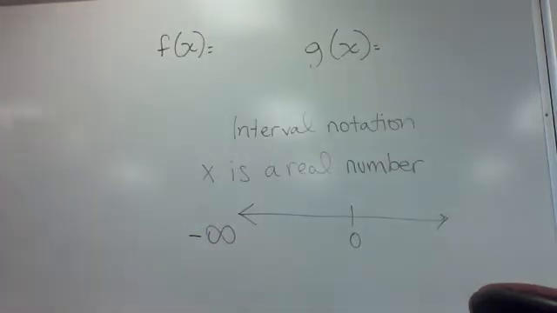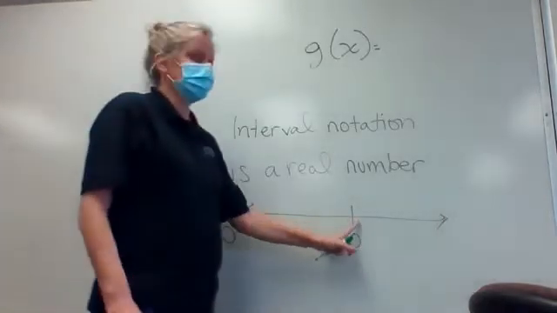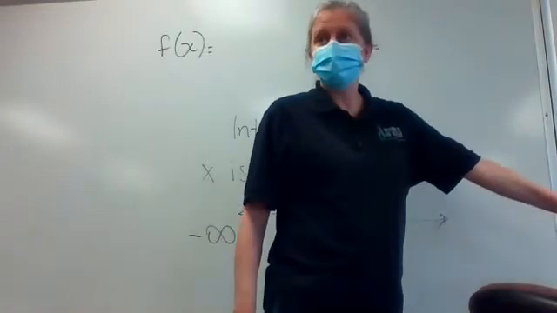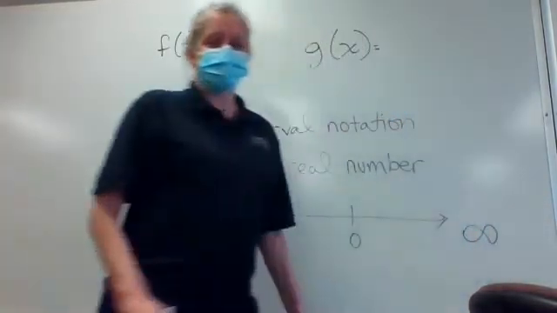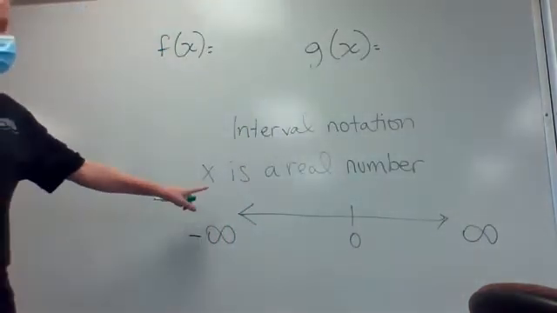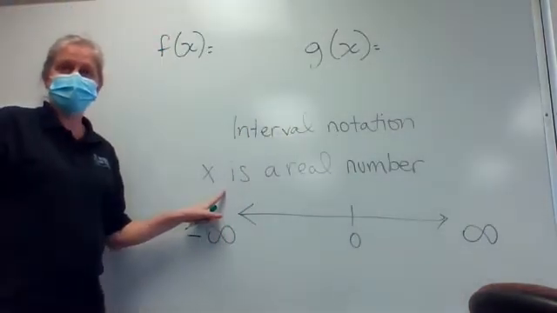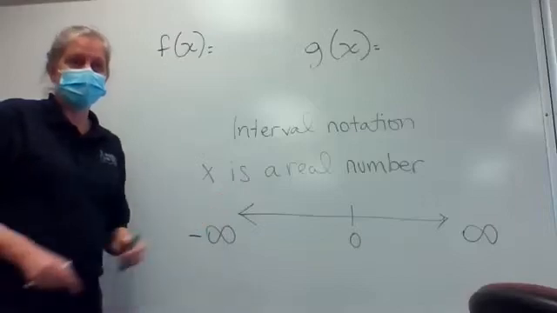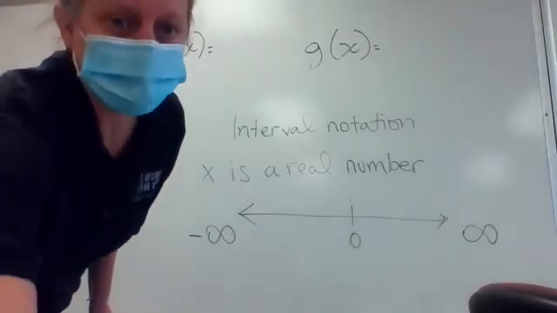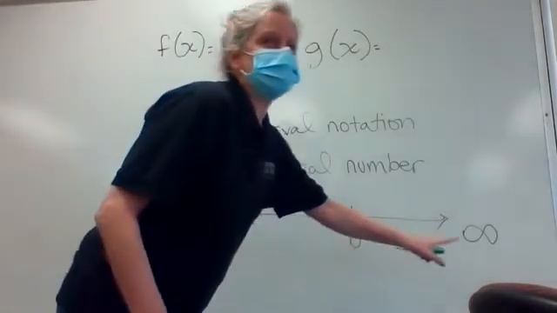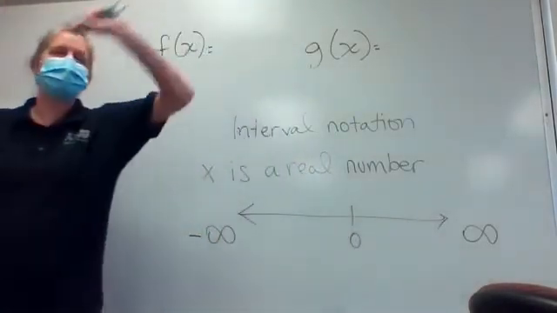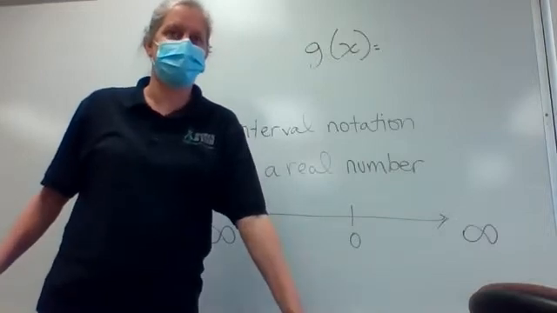That sideways 8 is an infinity. My positive numbers go forever this way, which means they're going to positive infinity. So if there aren't any restrictions in your domain, you want to include all the numbers on the number line from negative infinity to positive infinity.